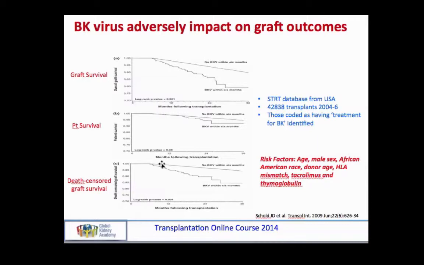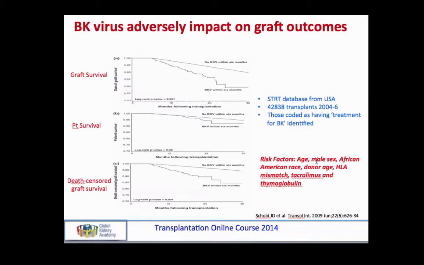And they looked at the coding for those patients, and those who were coded as having treatment for BK were identified. And what you can see is that if you have BK, the graft survival is poorer, patient survival probably not so different, but death-censored graft survival again is poorer.